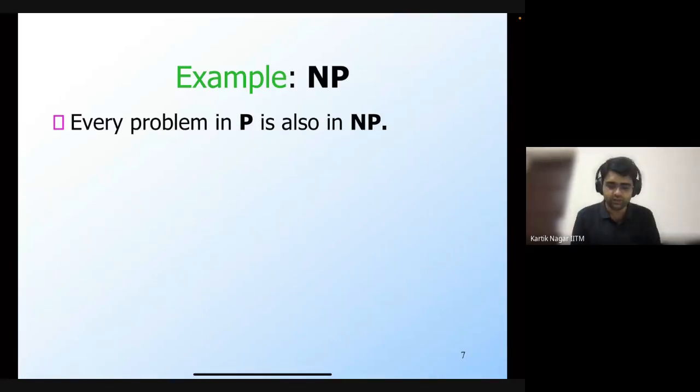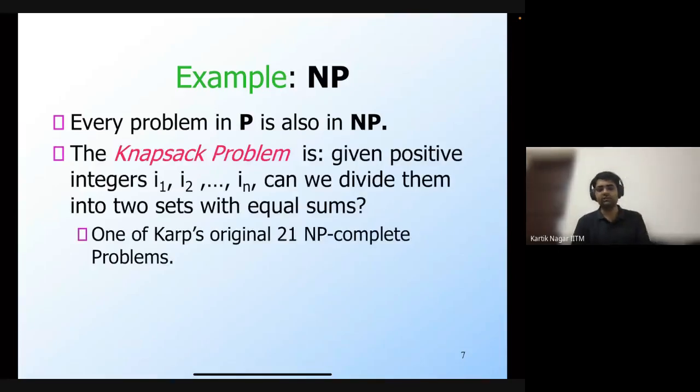So here is another problem which is in NP, but is believed to not be in P, which is the knapsack problem. The knapsack problem says that if you are given n positive integers, I1 up to In, can we divide them into two sets with equal sums?